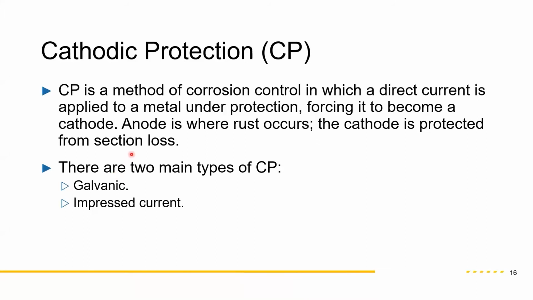The most common one is cathodic protection, where you inject a direct current to the corroded metal, which is the rebar, essentially turning it from the anode, which is where the rust occurs, to making it a cathode. Okay, so you're sending a current. At that point, the corrosion process really stops. There are two ways of doing that: one is by impressed current, and the other one is galvanic.